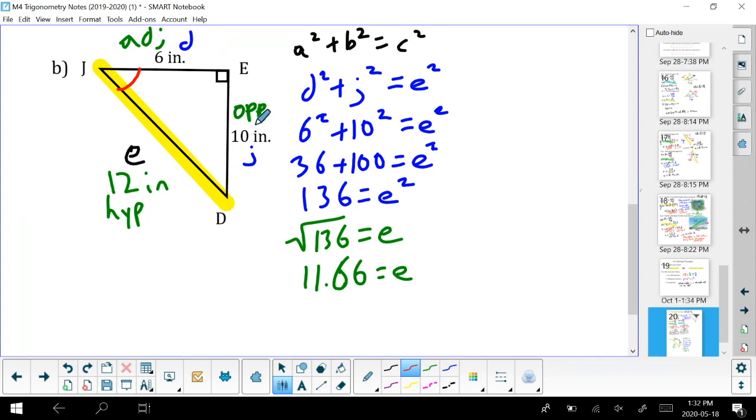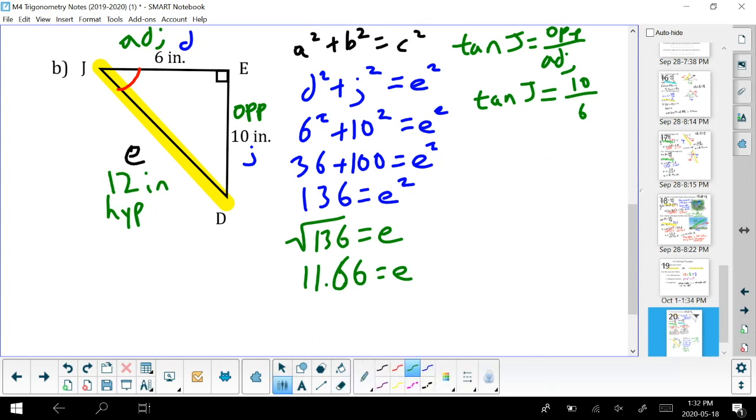So since we're looking at opposite and adjacent, we're going to be using the tangent ratio. So tangent of angle J is equal to opposite over adjacent. So we have tangent of J is equal to 10 over 6.